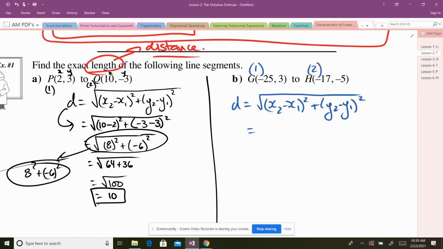All right, what is x2? -17. What is set 1 or x1? -25. It's minus -25. Plus the Charlotte.